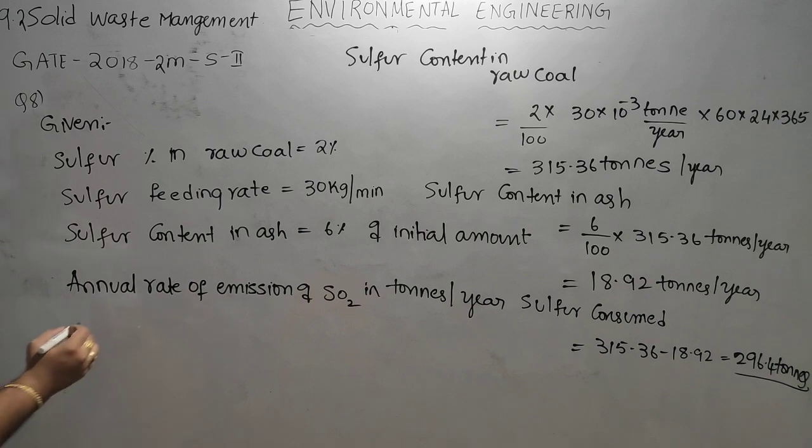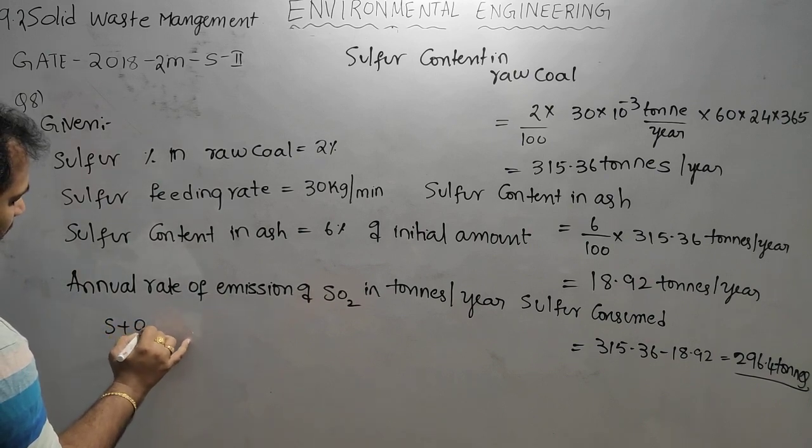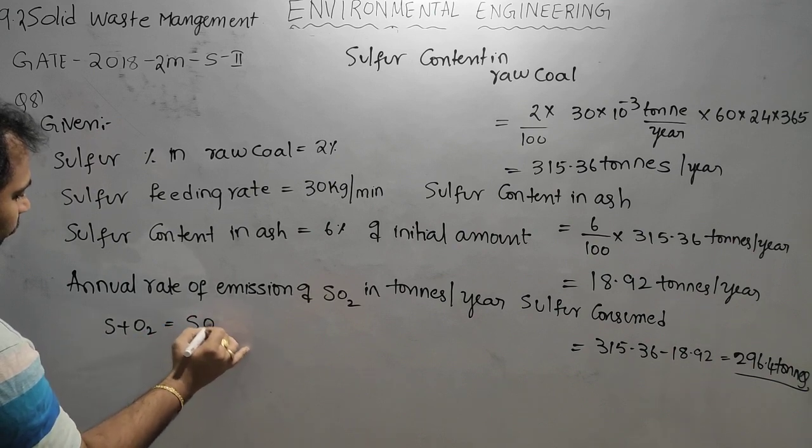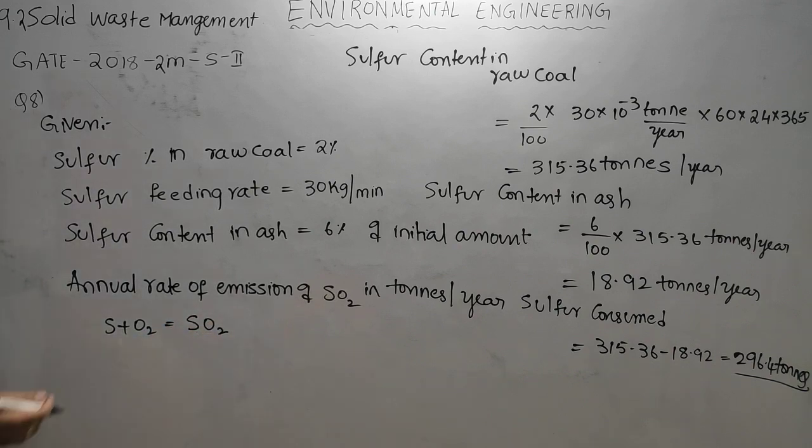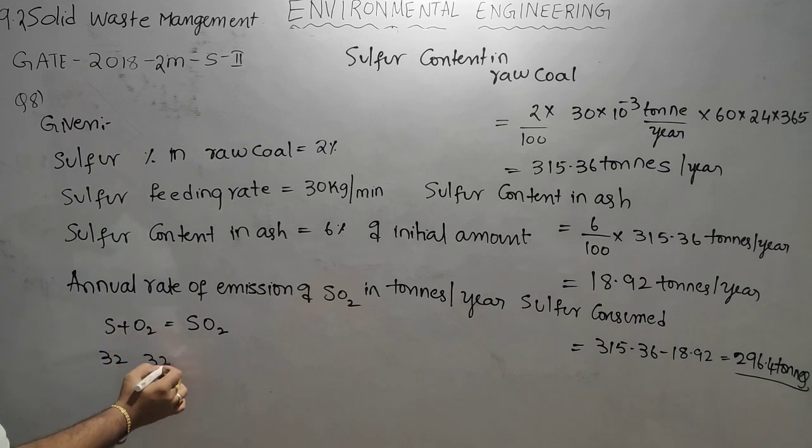So the consumed sulfur will convert into sulfur dioxide. Sulfur dioxide means S plus O2 gives SO2. What is the weight of sulfur? It was given 32, and O2 is also 32.